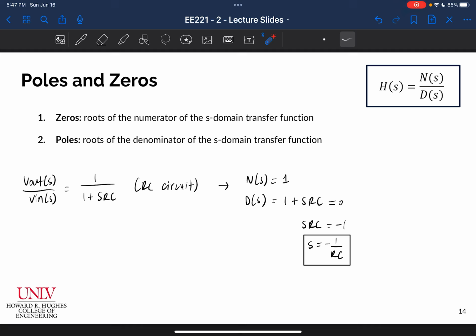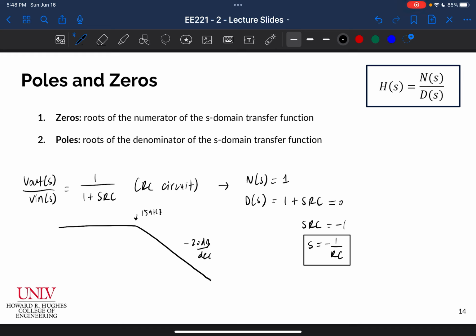It influences it in that we have a pole at -1 over RC, which causes the behavior that we see in the transfer function. This pole is the reason why at a value of 159 hertz, the transfer function starts to drop off at 20 dB per decade.